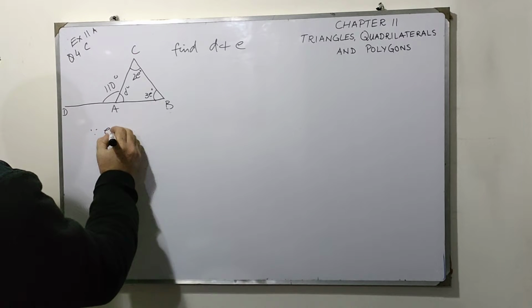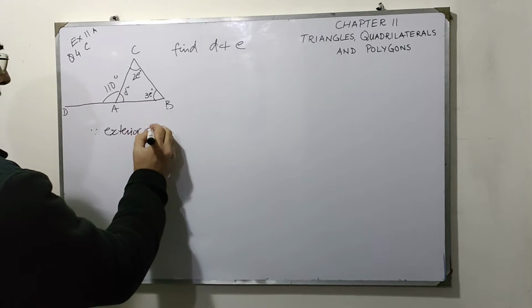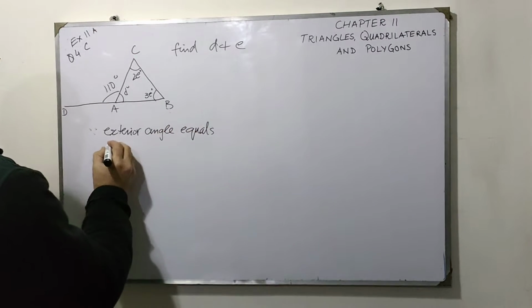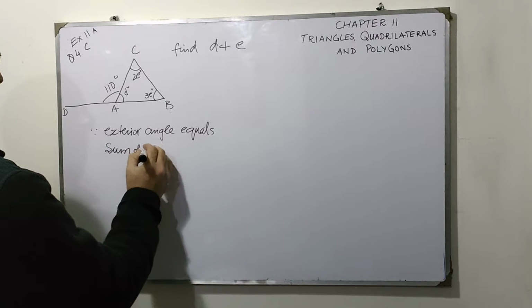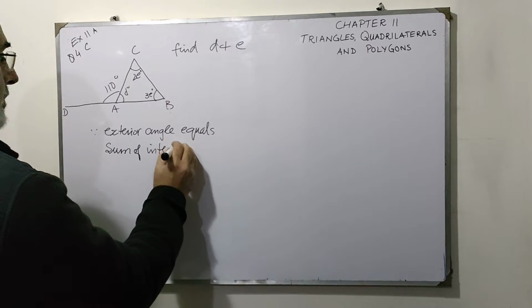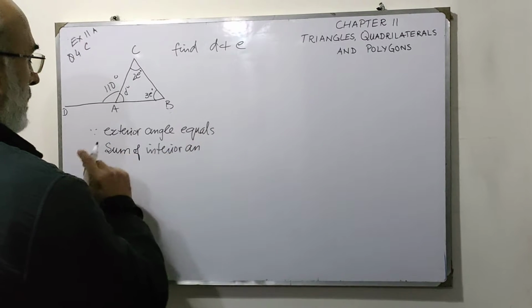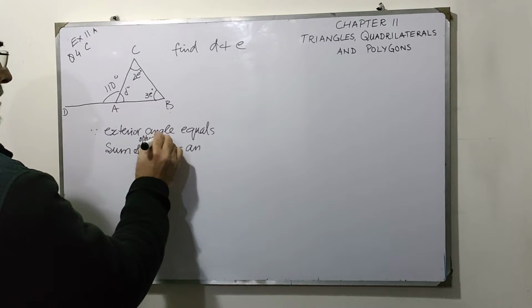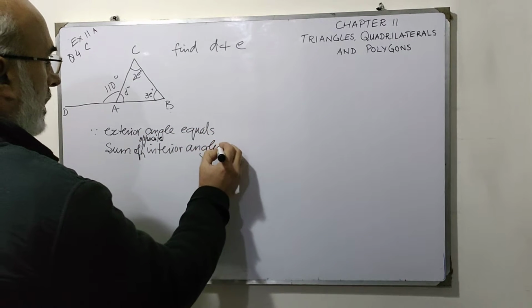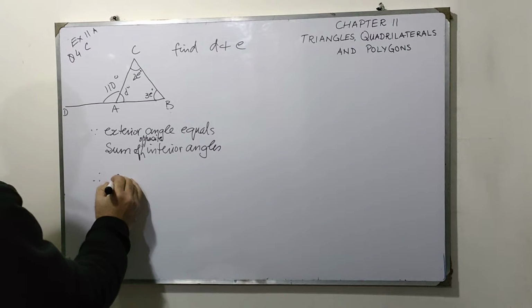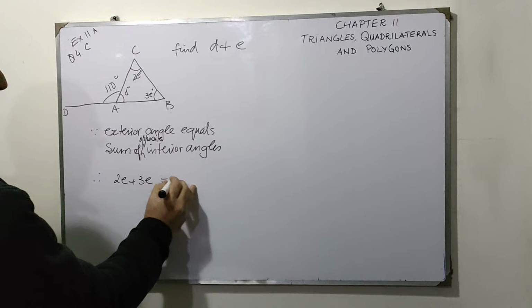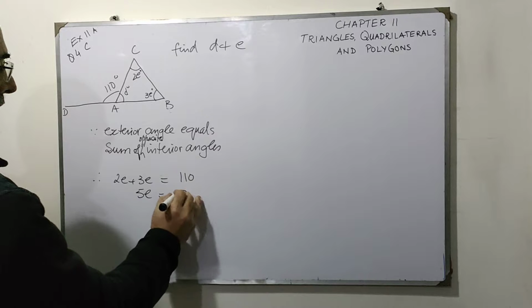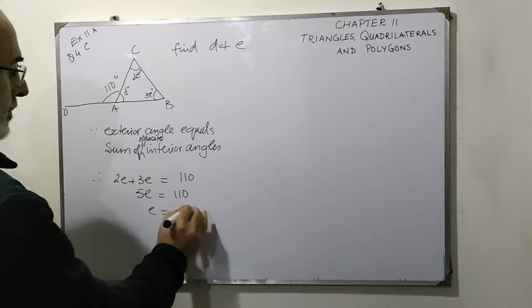Since exterior angle equals sum of opposite interior angles, therefore 2E plus 3E is equal to 110, and 5E is equal to 110, so E is equal to 22.